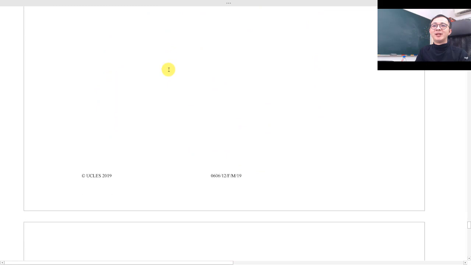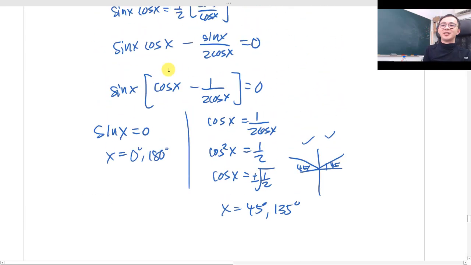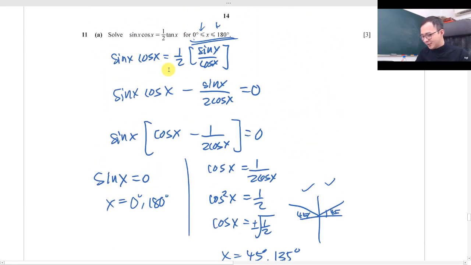I am a bit lost. Can you scroll up? Yeah, I scrolled up already. Any issue here? Yeah, there's no sine square 2x here. Here you mean this one you need to change to 1 minus sine square x? I don't think so. I mean you can do that, but it's not a good idea.